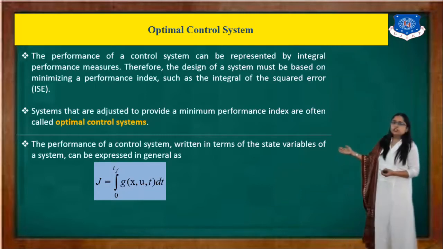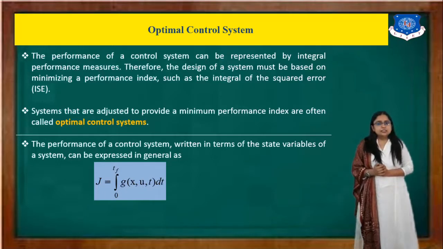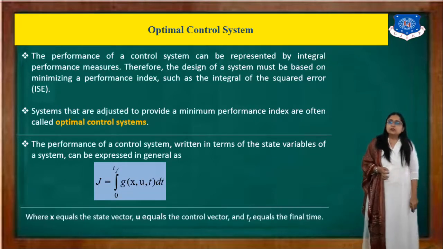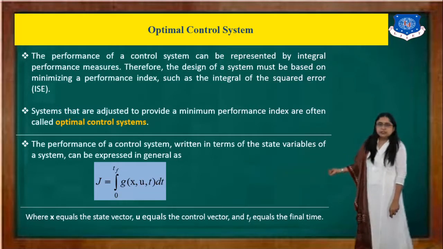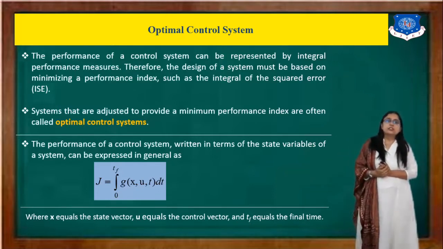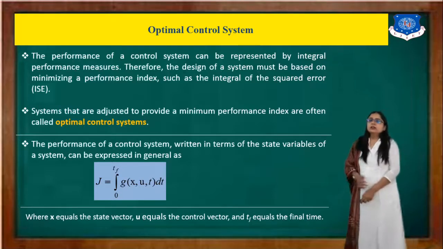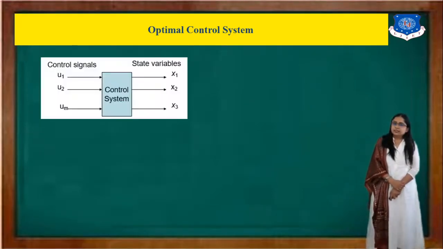And here there is a function g of x, u and t, dt, where x is your state vector, u is your control vector, and t is your time. Okay. Now let's discuss in detail.